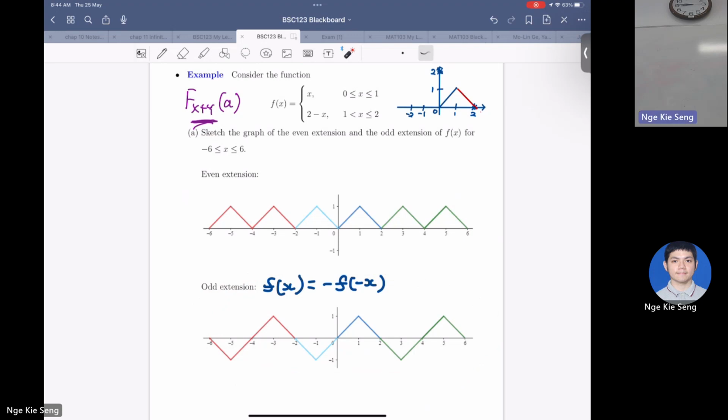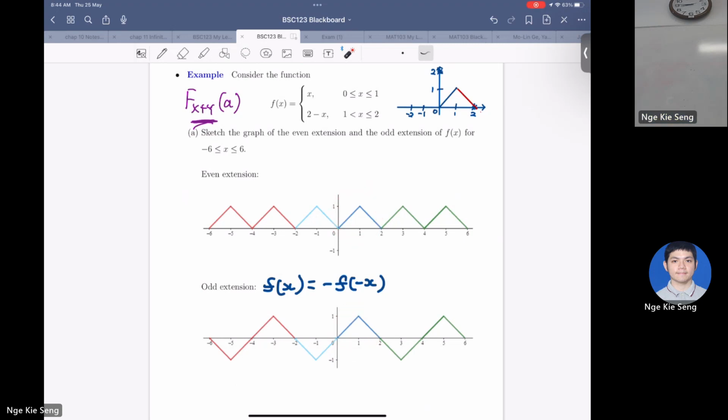You can see that the first one satisfies f(x) equal to f(minus x). If you take an x here and then you consider minus x, they are the same point. In the odd case, if you take an x here and then a minus x here, you can see that they are negatives of each other. So these are two ways to extend this particular function.